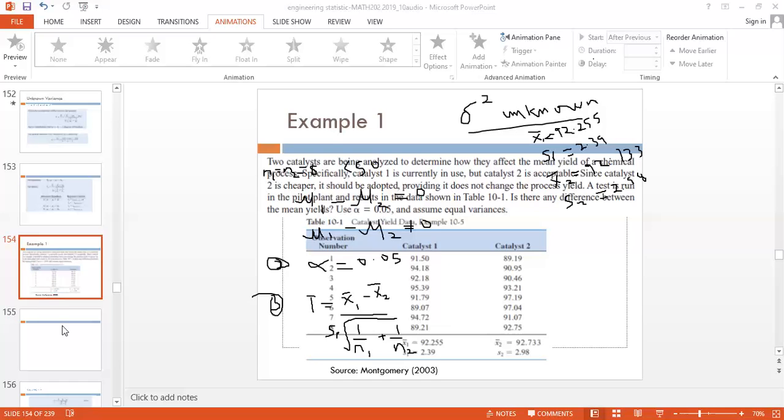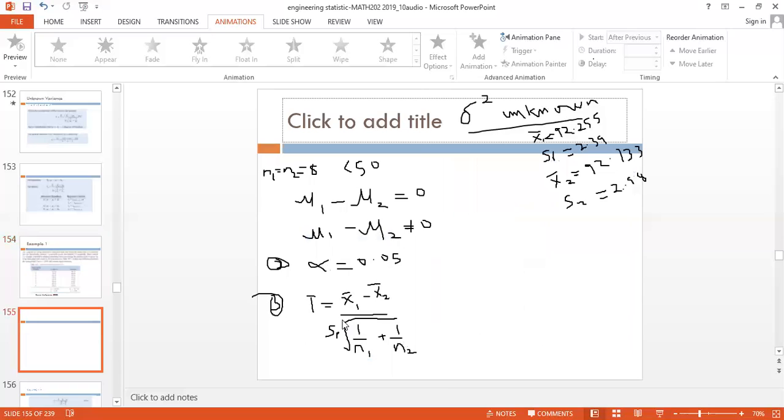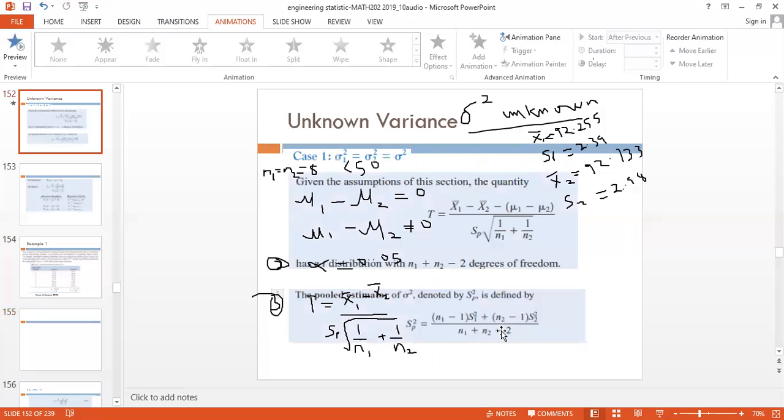We first have to calculate Sp, and we know that it is a weighted formula: n1 minus 1 times s1 squared, plus n2 minus 1 times s2 squared, over n1 plus n2 minus 2. So let's go back and do the calculation.